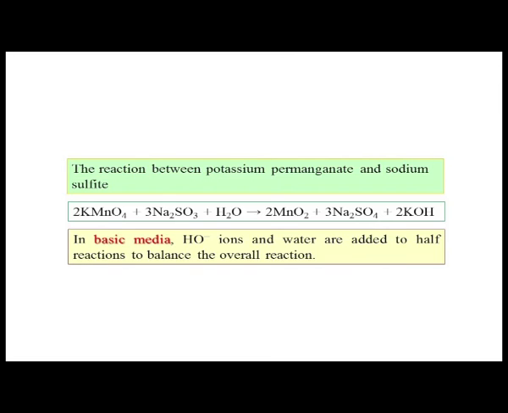In basic medium, hydroxide and water will be added for balancing the half reactions and the overall reaction. This reaction we cannot use for the titrimetric method of redox titration utilizing KMnO4. It will be utilized only for the oxidation of sulfide.